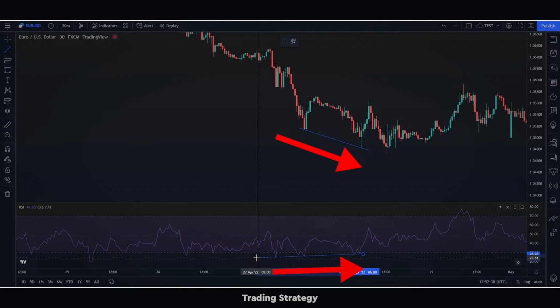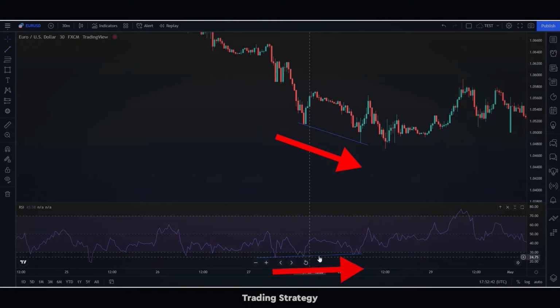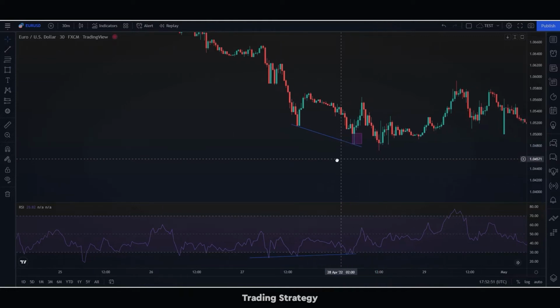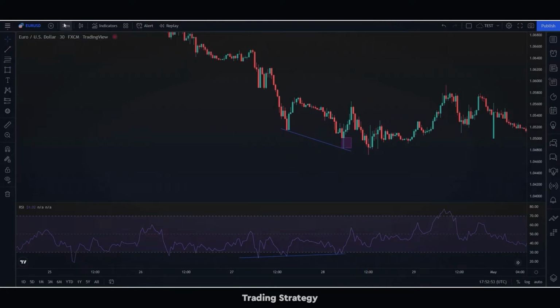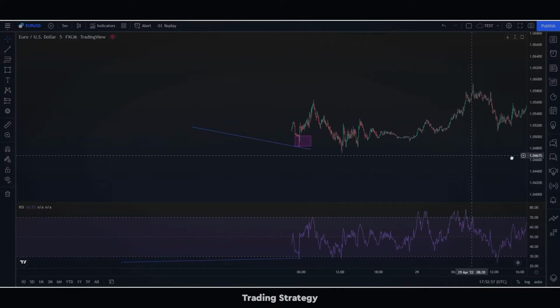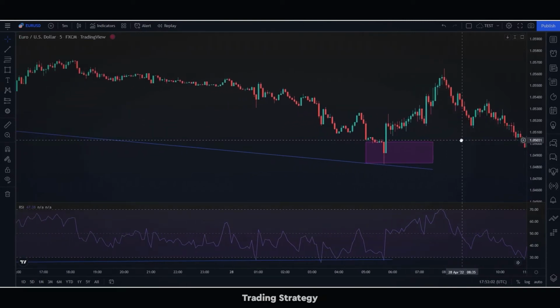If we confirm that it is a divergence, we will have to go to the chart in which we are going to carry out the operation, in my case, the 5-minute chart. At that time, we will make a buy or sell operation, depending on how the price was coming.